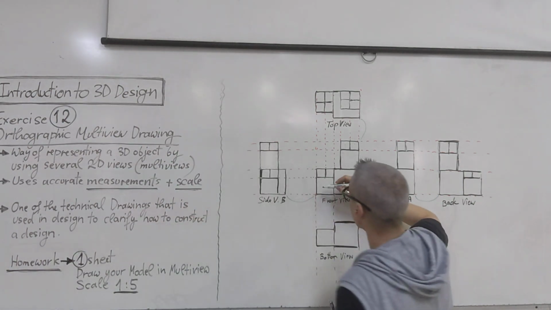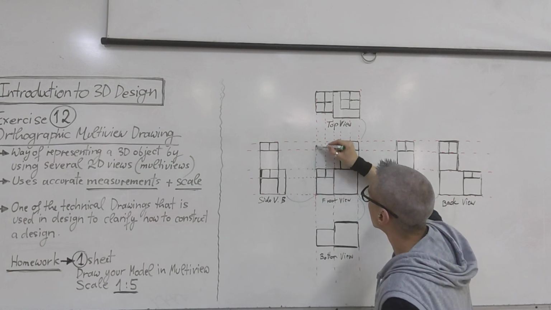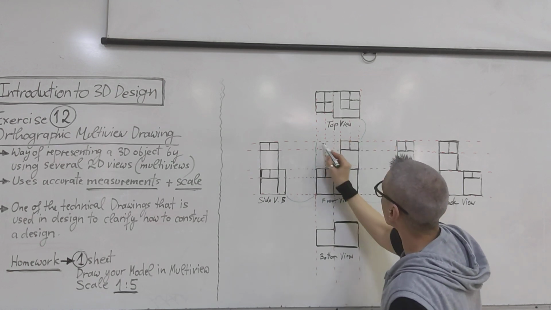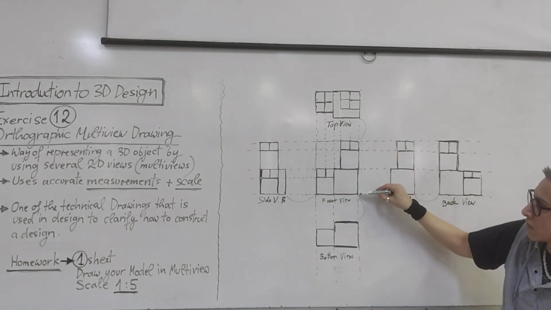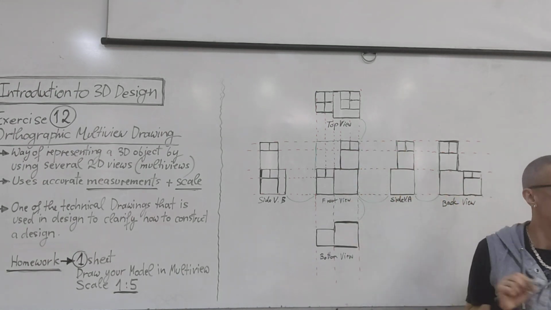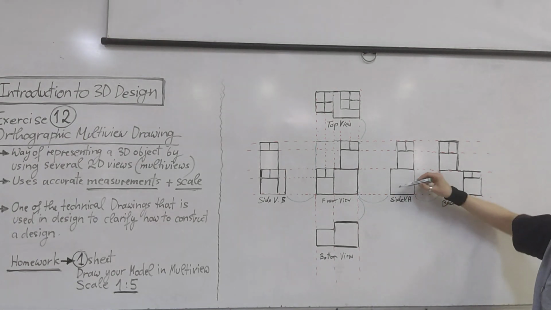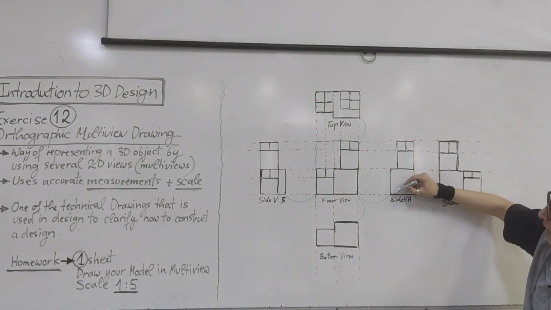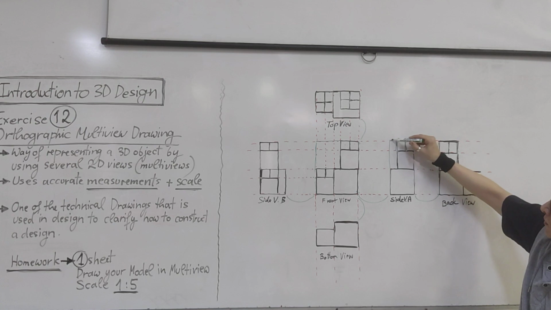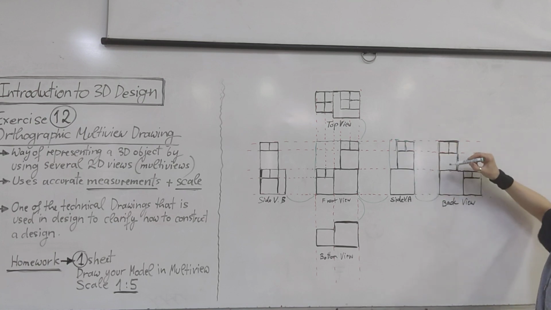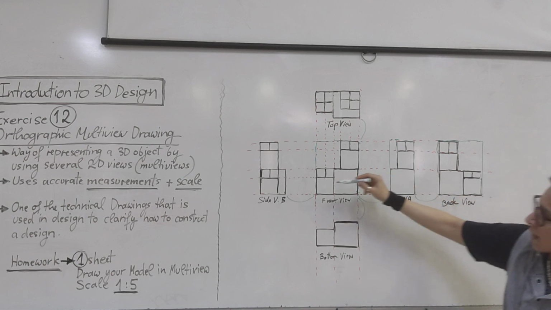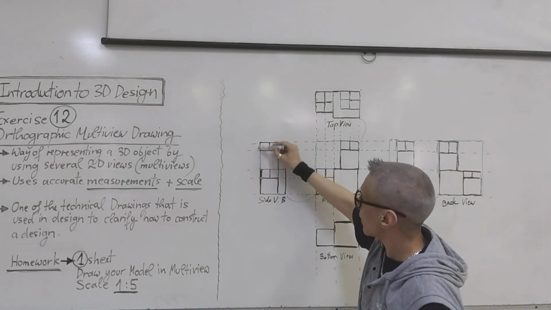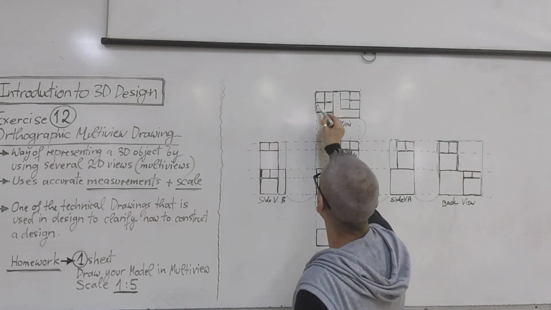So the front view, for example, has this box here, from here to here. This main box, what is the height? What is the length? The side view will be inside a box. The back view will be inside a box. This view also will be inside a box. This view will be boxed.